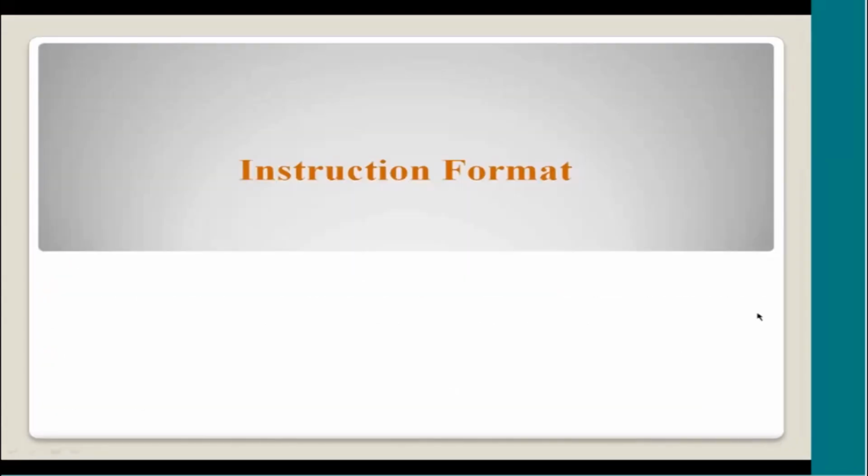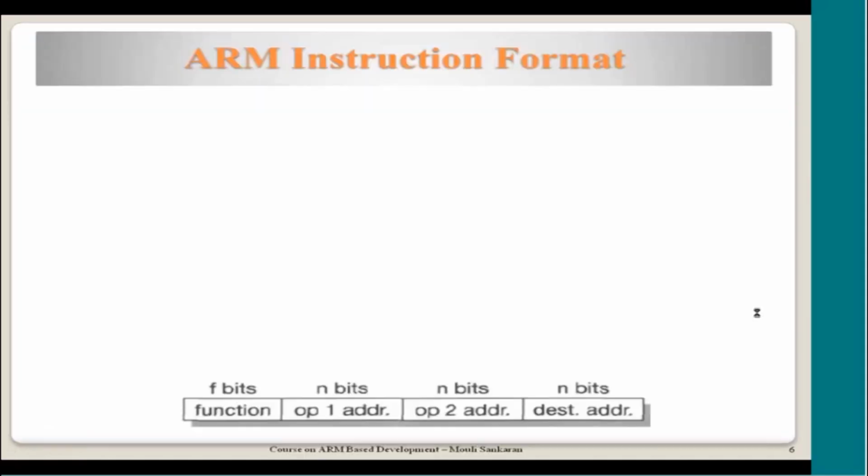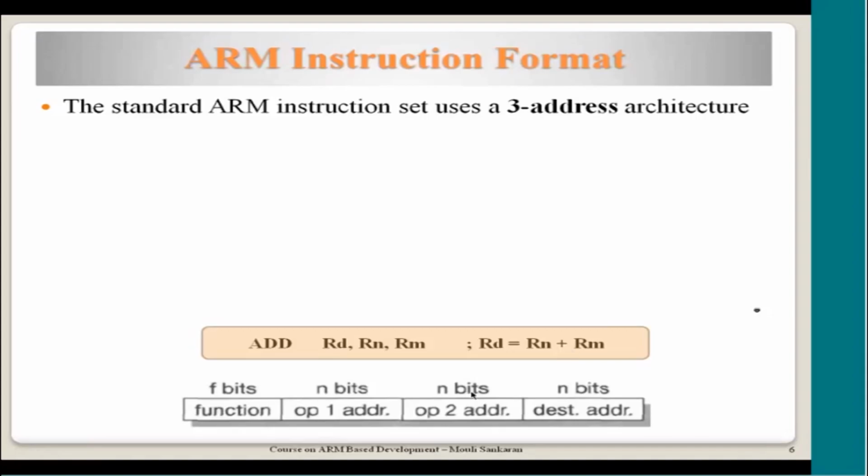Now let us see what a particular instruction looks like. As I told you, the instruction width is 32 bits. So I have given a sample instruction: ADD Rd, Rn, Rm. This is the normal convention, the way an assembly instruction is represented in ARM. ADD shows that it is an addition, and Rn and Rm are the two operands.